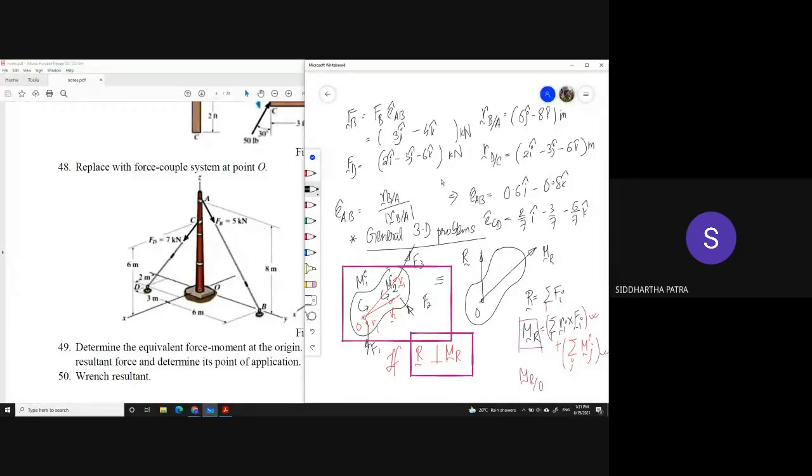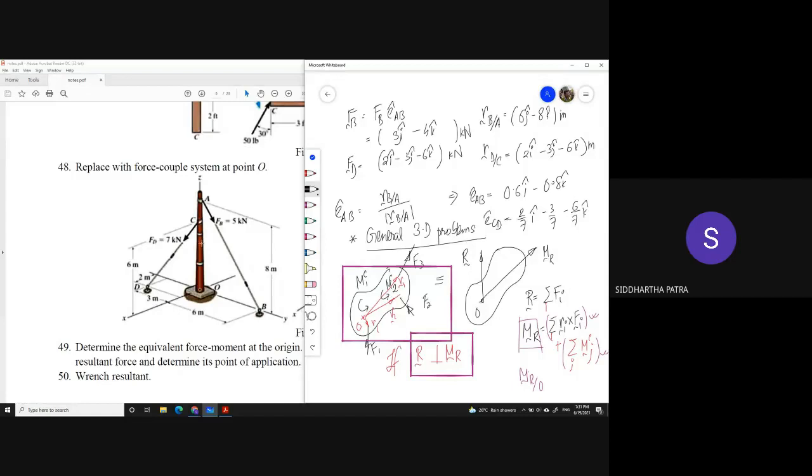Once we have the forces, we also know the position vector of each force. Now you might choose to take the position vector along the line OA of each force, or for one of them you can take the position vector RB, because you already have the expression for all four, RA, RC, everything.